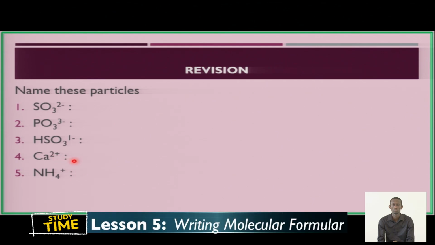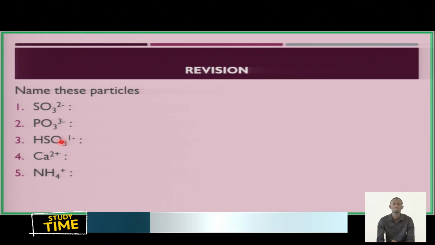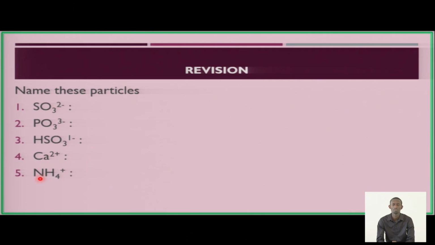You have 20 seconds remaining. We have seen all of these particles in the previous lesson. So you should be able to work them out, write their names in a very short time.